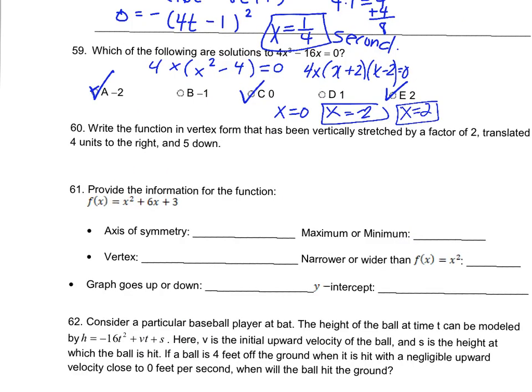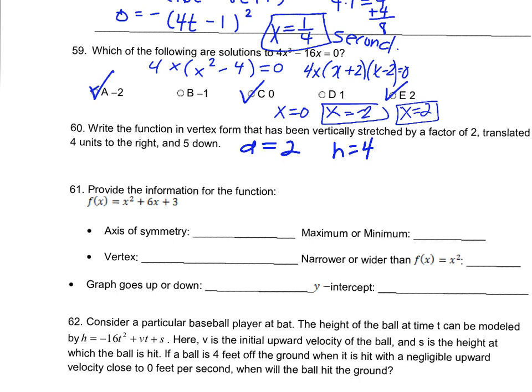On number 60, they're asking you to write an equation of a function that was vertically stretched by 2, which means that's our A. So our A is equal to 2. It's also translated 4 units. Now, if you remember, we always have to use the opposite. So that means our H is equal to 4, but when we substitute it, that sign's going to change.